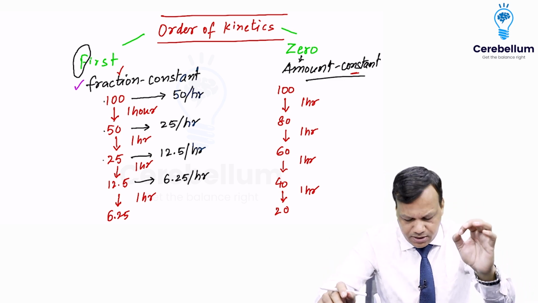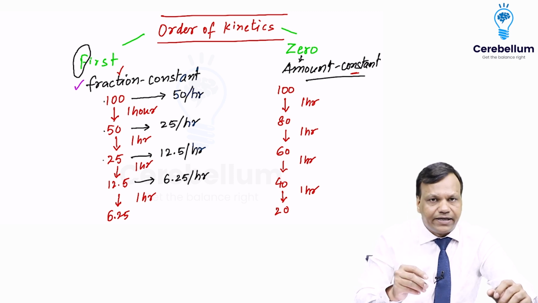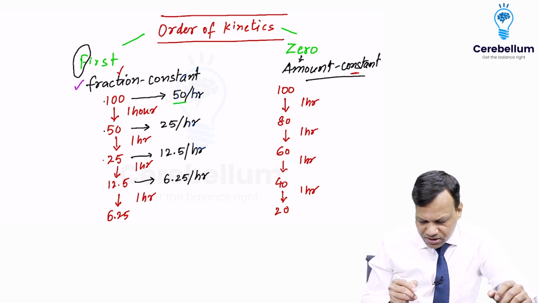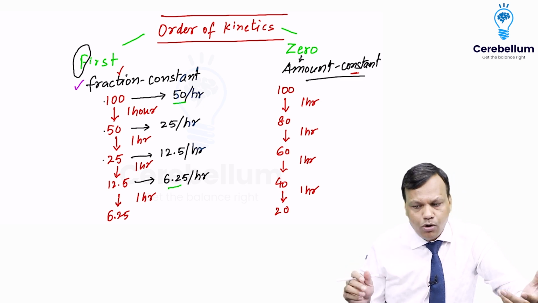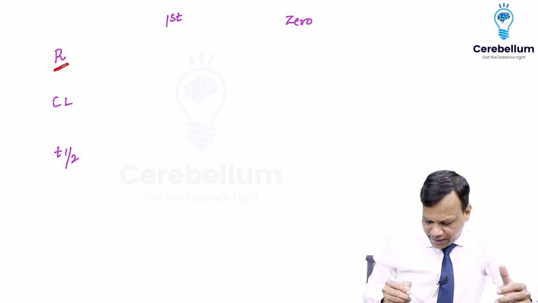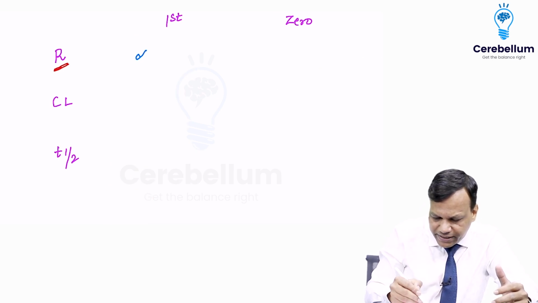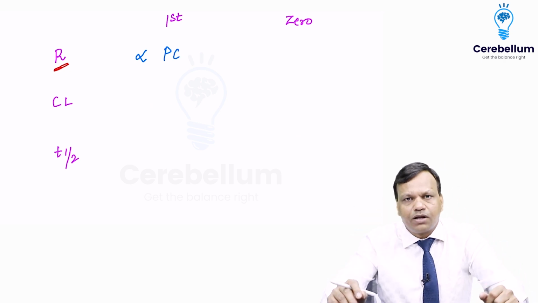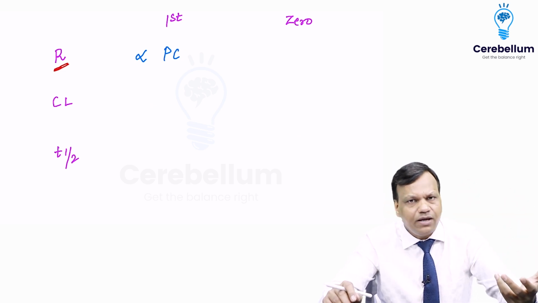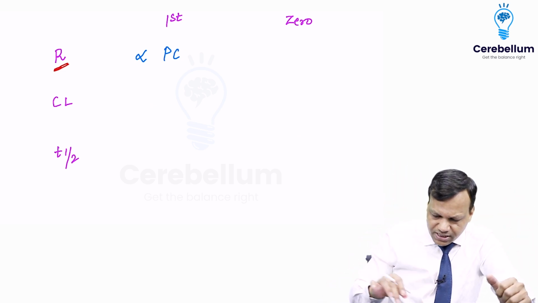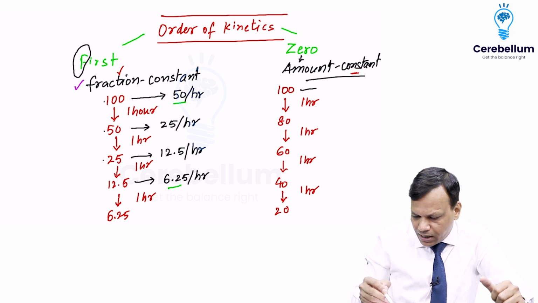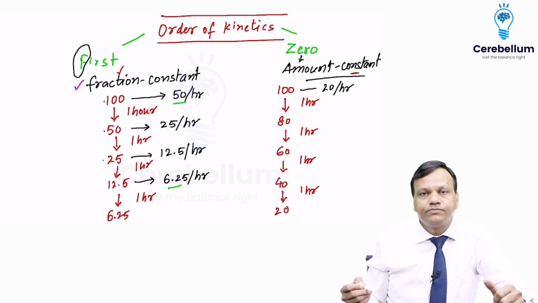So what we note is, in first order kinetics, at high concentration, rate of elimination is high. At low concentration, rate of elimination is low. Or we can say, in first order kinetics, rate of elimination is directly proportional to plasma concentration. More the concentration, more the rate of elimination. Okay. Now we'll see the same thing in zero order. What is the rate of elimination at this point? 100 minus 80, that means 20 in 1 hour divided by 1.